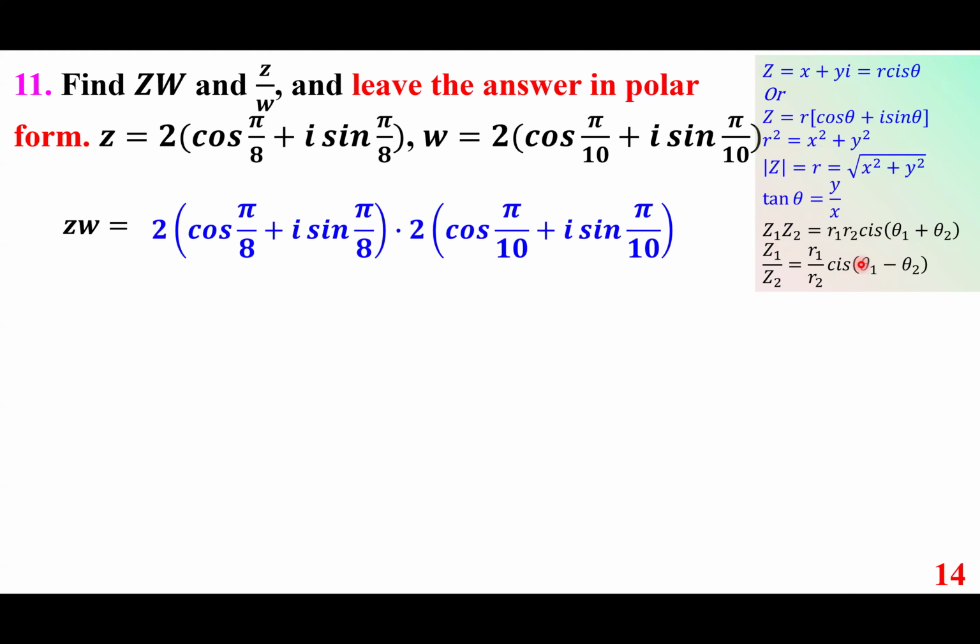For this, we are going to say 2 times 2. They happen to be the same. 2 times 2. Okay. And then cosine of pi over 8 plus pi over 10, i sine of pi over 8 plus pi over 10.